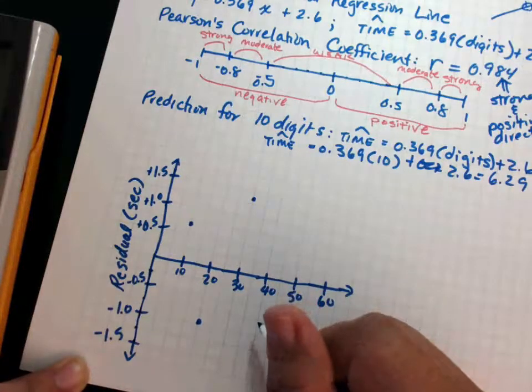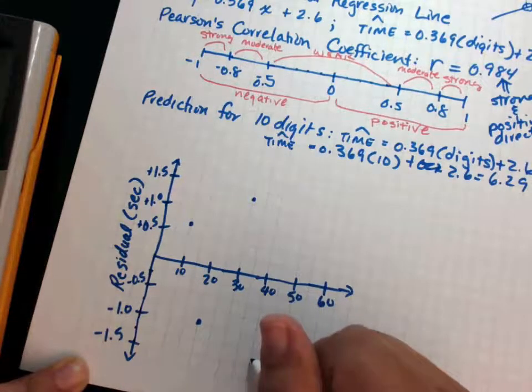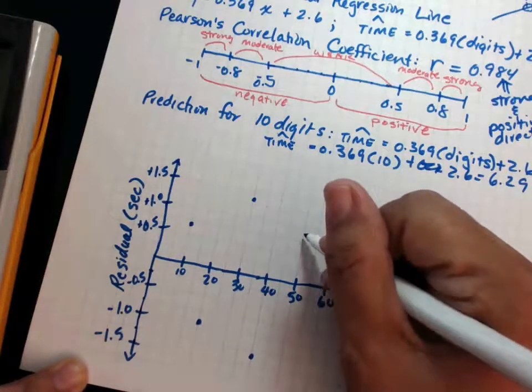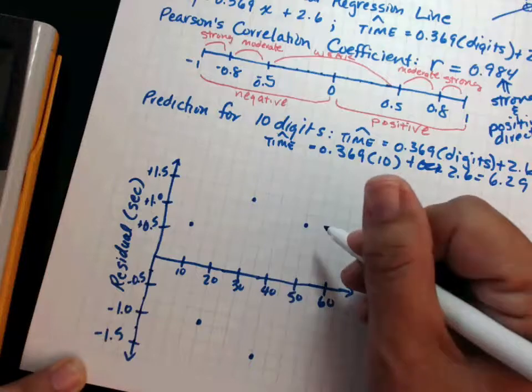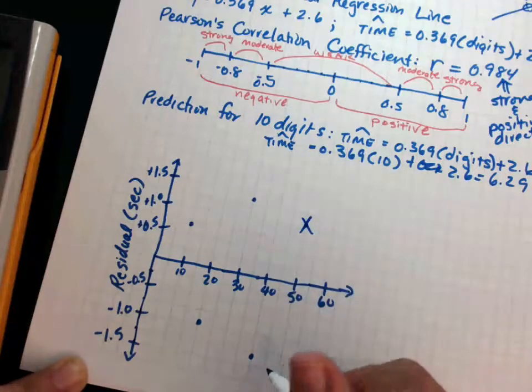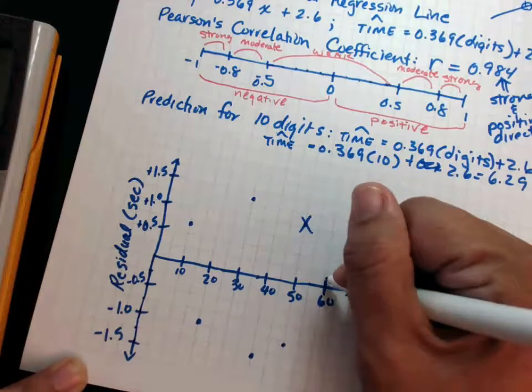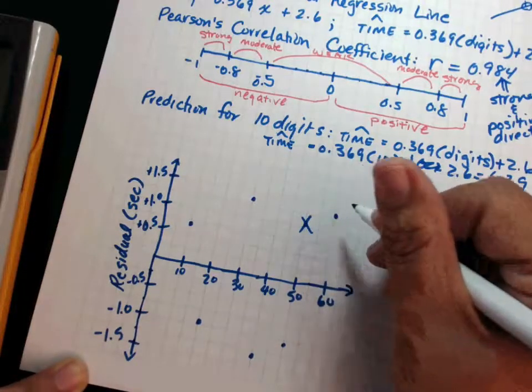Negative 1.36, which would be about here. Negative 1.05, which would be about here, and 1.26, which would be roughly there.